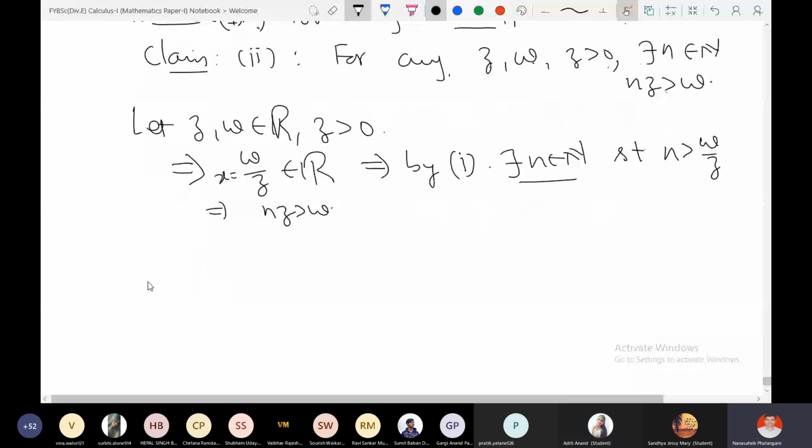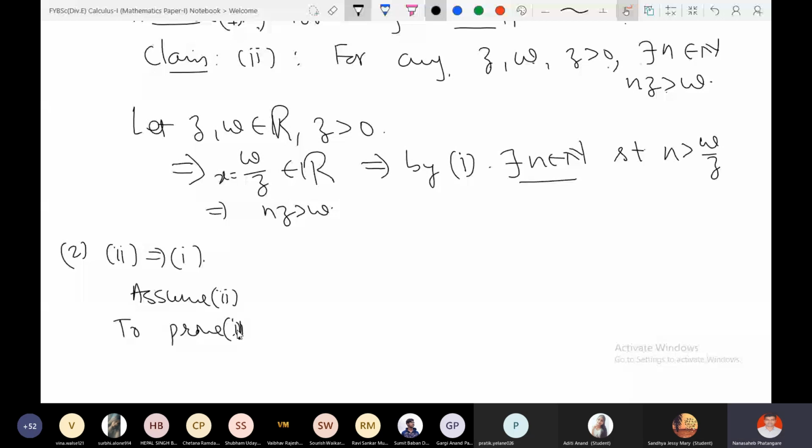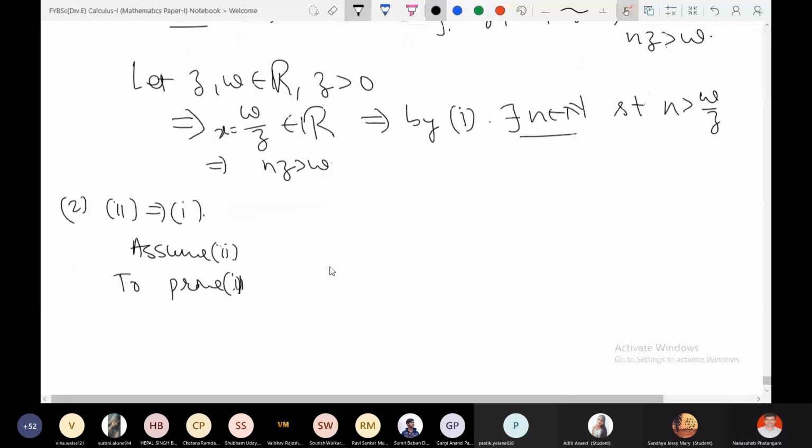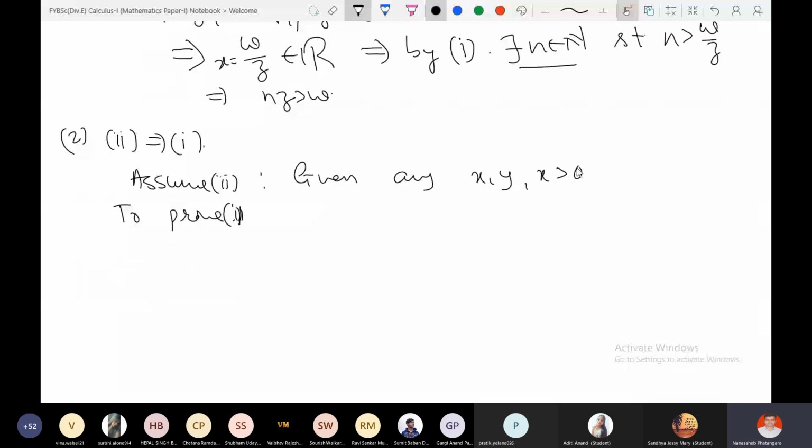So now the second part, 2 implies 1. So assume 2 to prove 1. What we are assuming is that, given any x, y with x greater than 0, there exists n such that nx is greater than y.